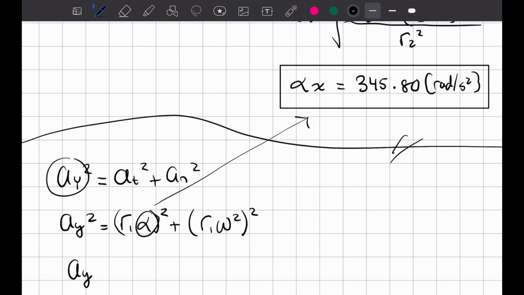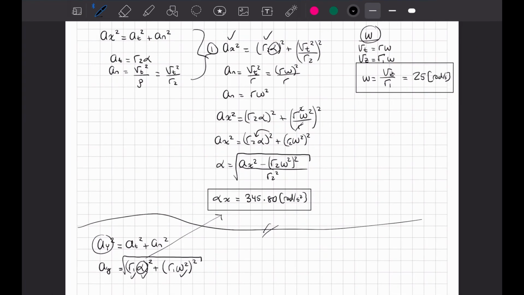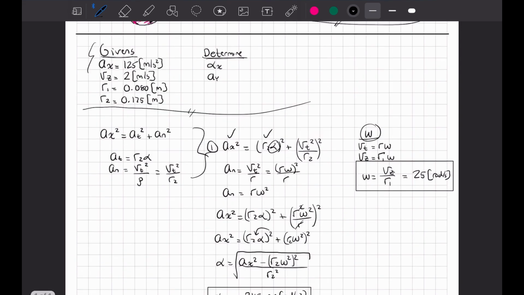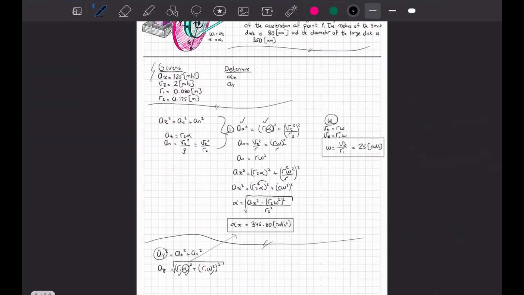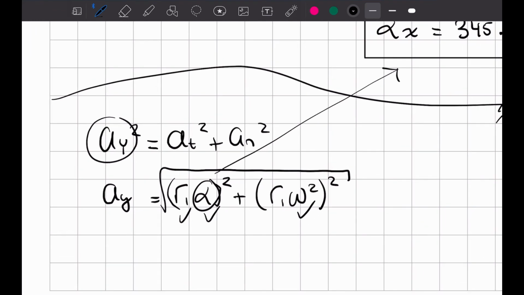So if we just take the square root of this entire term, we know r1, that's given to us in the problem. We just calculated alpha, and we calculated omega, because again, they have to have the same value between the small disk and the big disk, as we said here. And so if you just take the square root, you will get that ay is about equal to 78.49 meters per second squared.